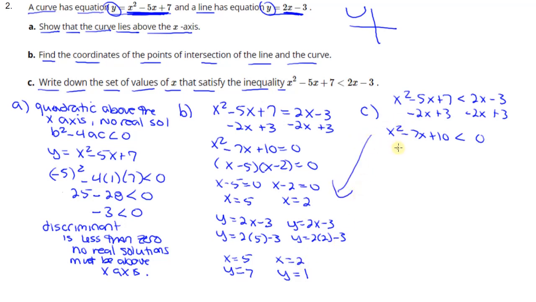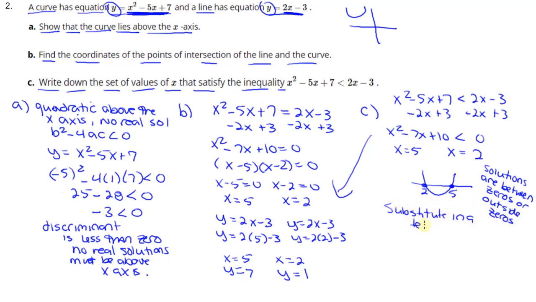Okay, so we've got the same equation, so I know that x is going to be equal to 5 and x is going to be equal to 2. If I graph this, it looks like this, and all I've got to do is figure out whether the solutions are between the zeros or outside the zeros. So I take a test point, and usually I try to use 0 because it's an easy one to use. x equals 0 is on the outside, so I'm testing to see if the outside is valid.